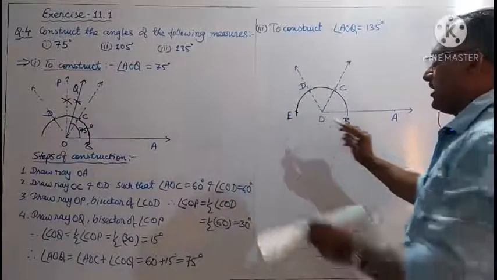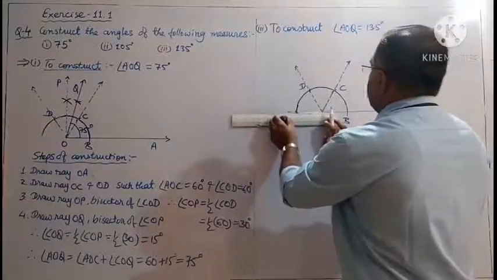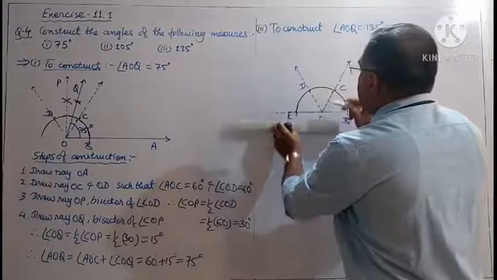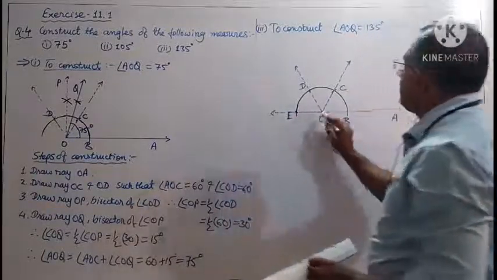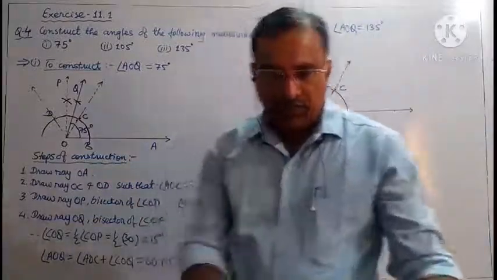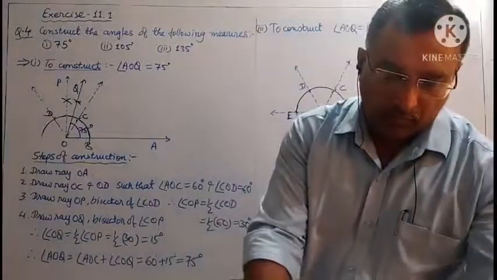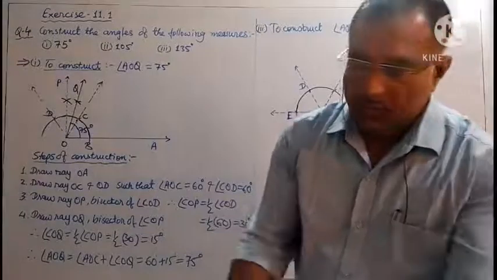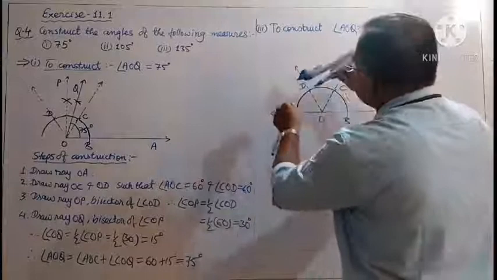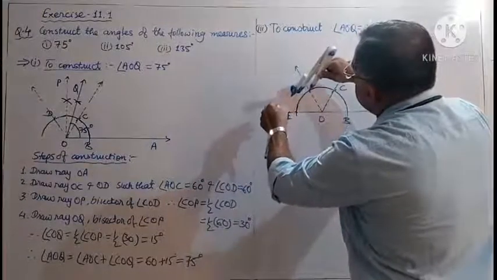So now we can draw the bisector of angle EOD. Let us draw the bisector of angle EOD, taking this point as a center.